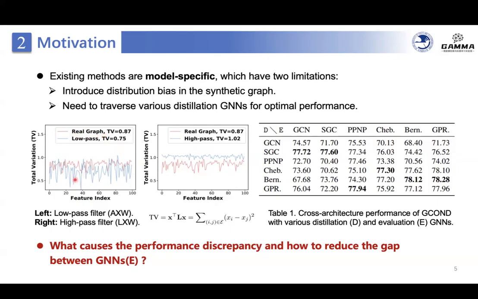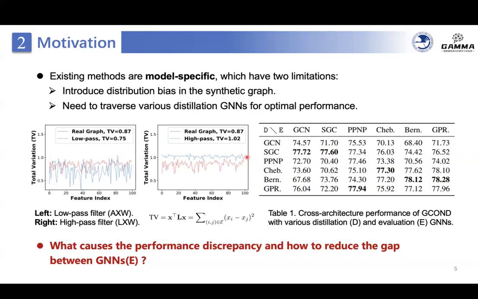And we observe that if we use a low pass GNN, the total variation of the synthetic graph is smaller than the raw graph, while using a high pass GNN results in a higher total variation. So we claim that existing methods introduce different distribution bias with different distillation GNNs.